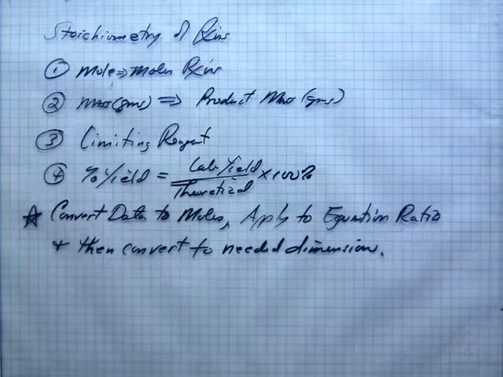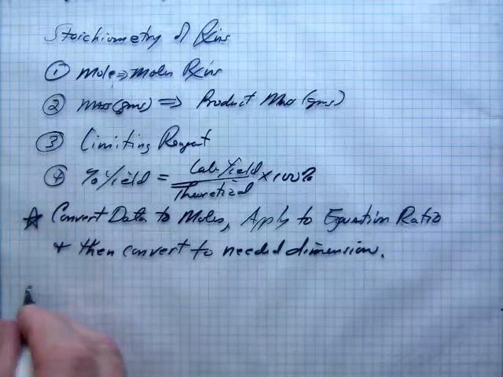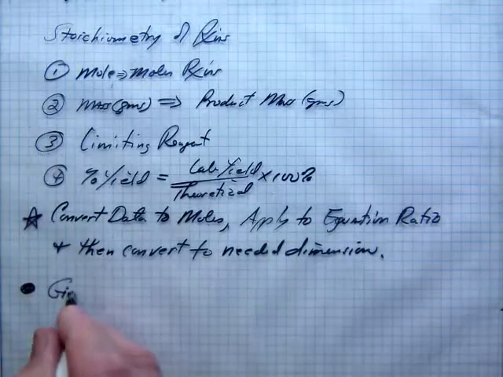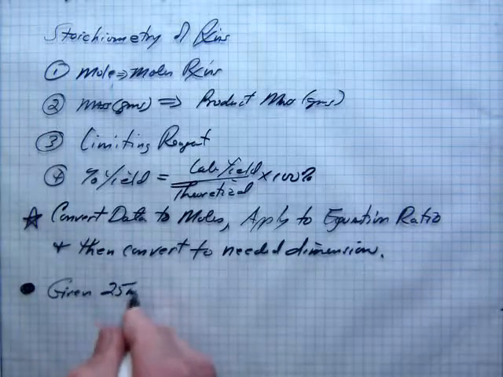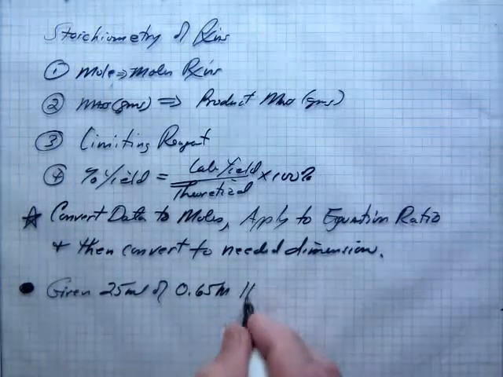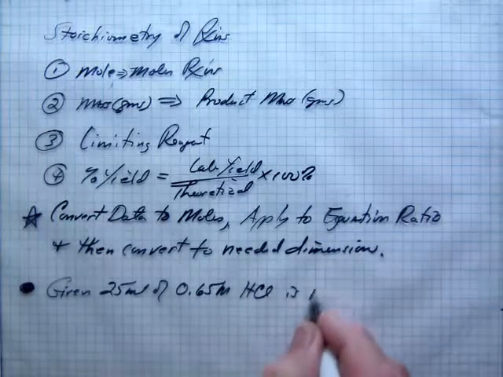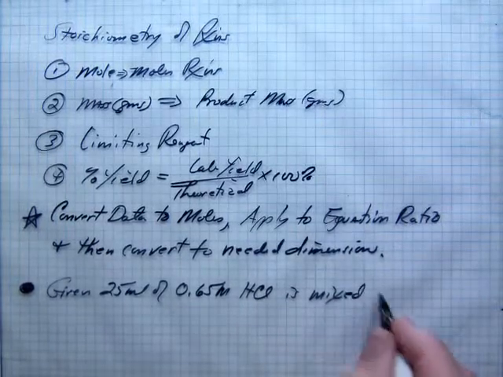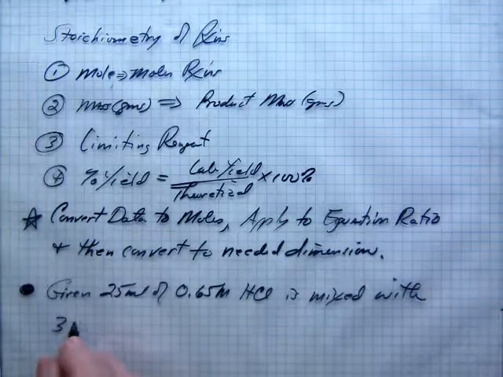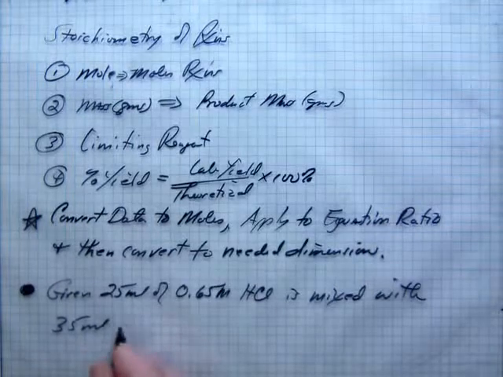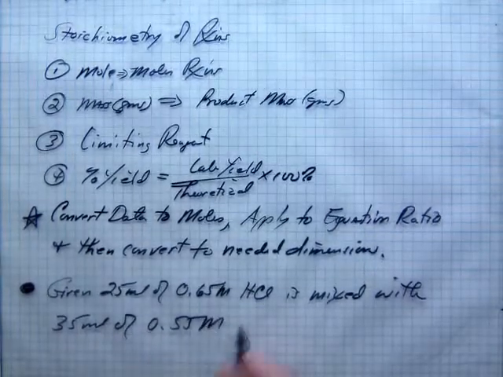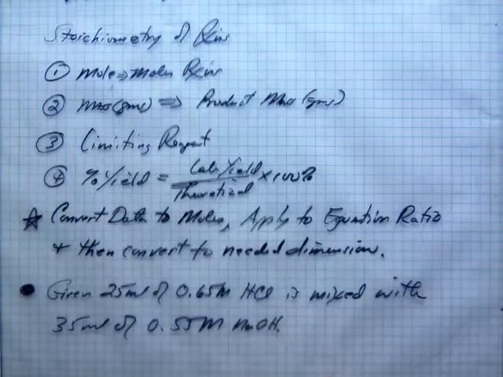Okay. Here's your first problem, reaction solutions. Say you're given 25 milliliters of 0.65 molar HCl mixed with 35 milliliters of 0.55 molar sodium hydroxide.